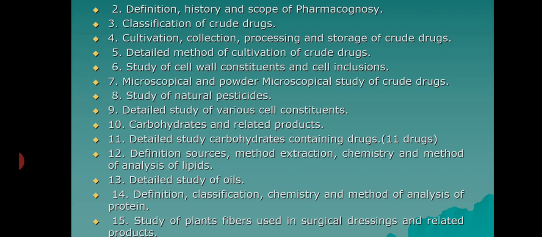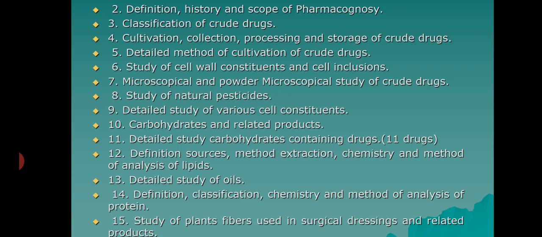The main aspects of that chapter are the biological source, family, chemical constituents, description, uses, some adulteration aspects, and some standardization aspects also. There are certain constant factors to check the quality. You are going to study all this under the lipid chapter.